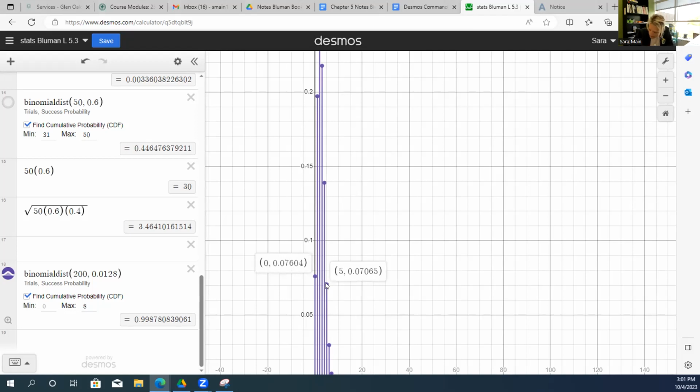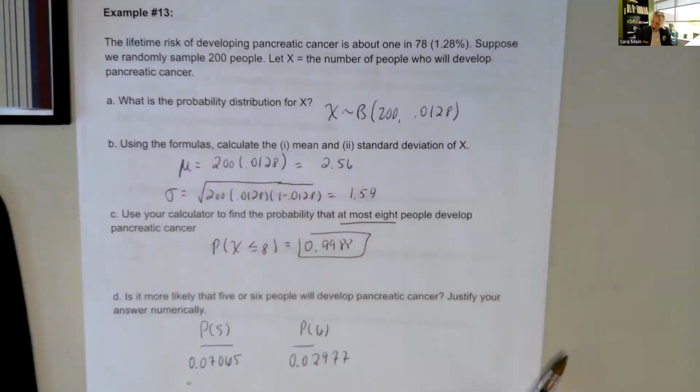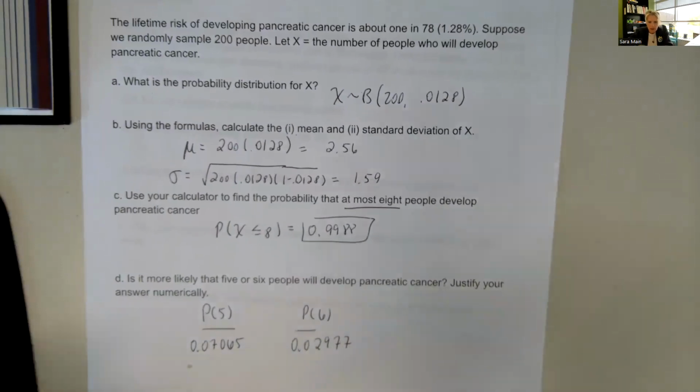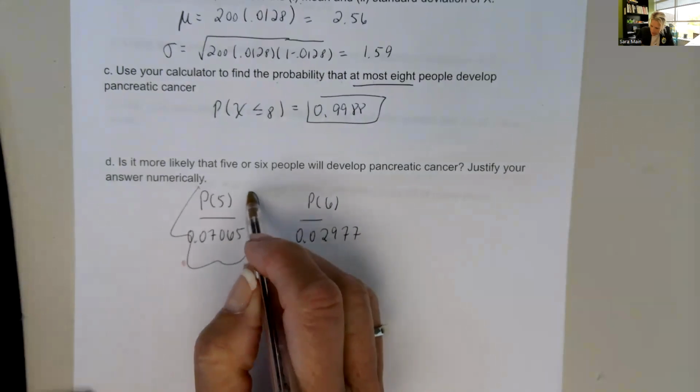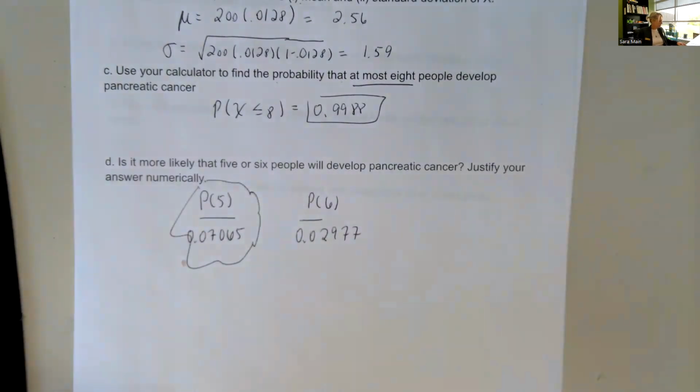So 5 is 0.07065, and 6 is 0.02977. So it looks like 5 has a higher probability. So it's more likely that 5 out of the 200 would have pancreatic cancer.